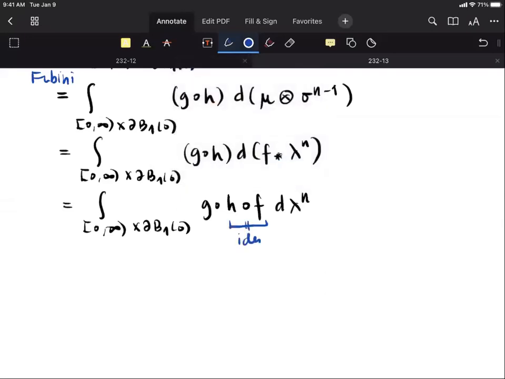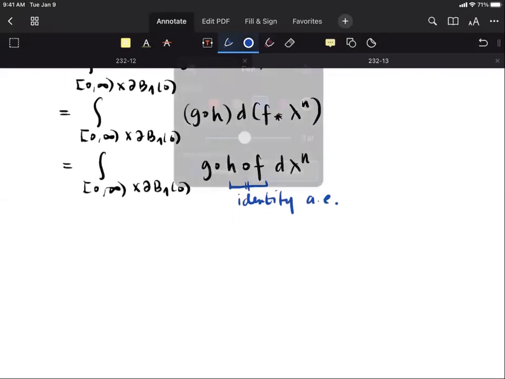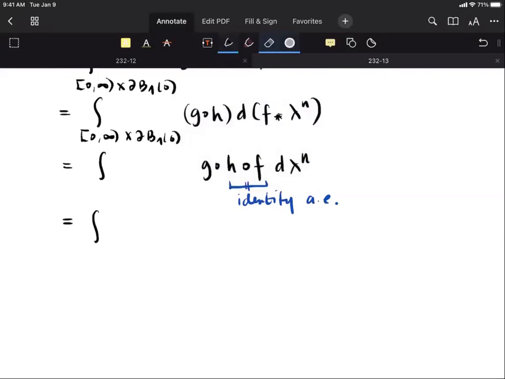But this is identity almost everywhere. In fact, except at 0. So if that would be the case, this would be the integral. We now change this to Rn.